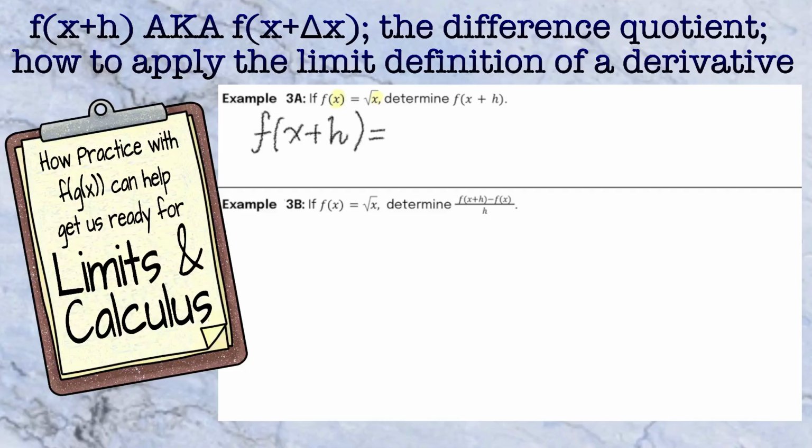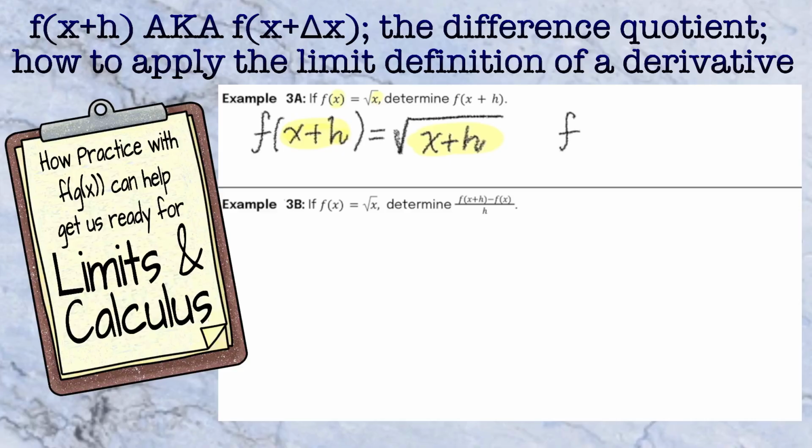Okay? All right. So over here, I'm plugging in x plus h everywhere I have an x. So we're going to have the square root of, you guessed it, x plus h. Now, in the other examples we already did, there was quite a bit of simplifying we were able to do, but not really here.